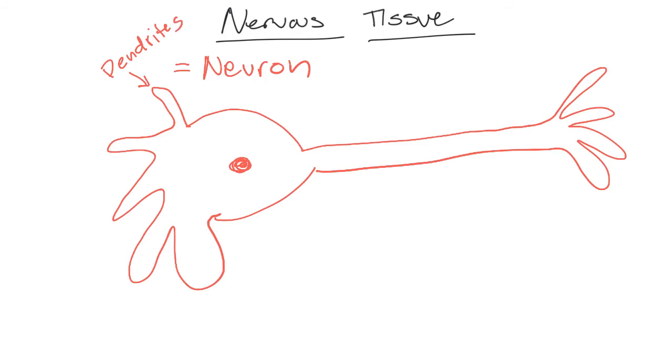You have the round mass called the cell body with the nucleus there.